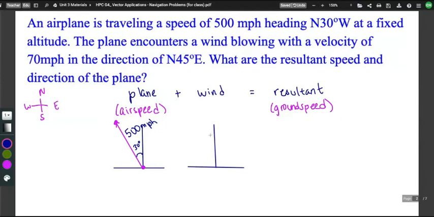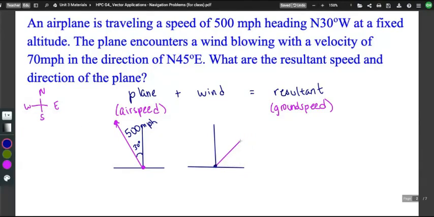I can do the same thing again for my wind vector. The plane encounters a wind blowing with a velocity of 70 miles per hour in the direction of north 45 degrees east. And because it's 45 degrees, they could have just said northeast. That would have meant exactly north 45 degrees east. I'm going to draw that vector.